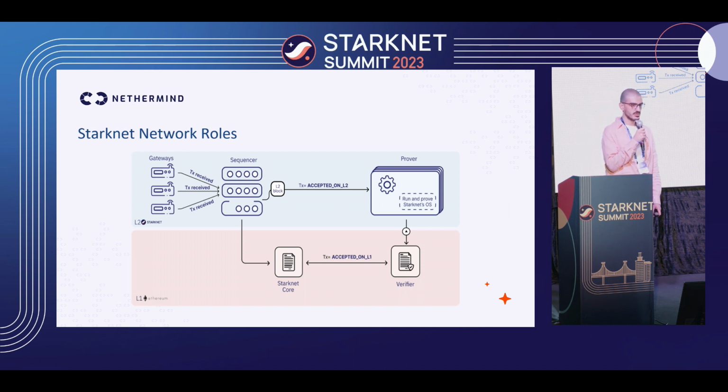The sequencer obviously is responsible for sequencing the transactions. It's currently a centralized entity run by Starkware. And the non-sequencing nodes are the full nodes that are either run by the RPC providers or individuals that need access to Starknet data or want to interact with the network.